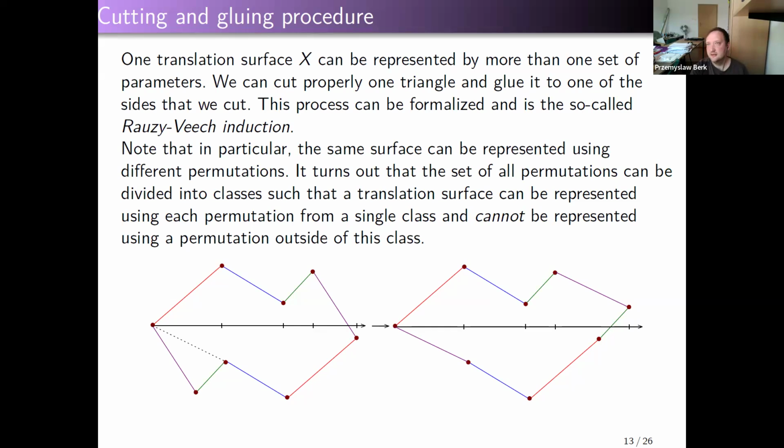But this is not that important to understand what's going to happen next. What is most important to keep in mind, because it's going to be useful later, is that a surface can be represented with a picture, usually with different permutations. So there is a whole class of permutations with which we can get a picture in which this surface can be represented. And this class is going to be called a Rauzy class.